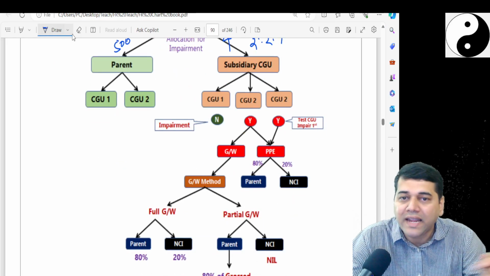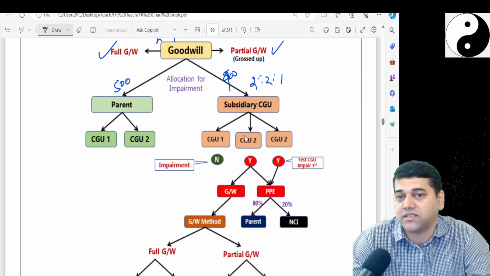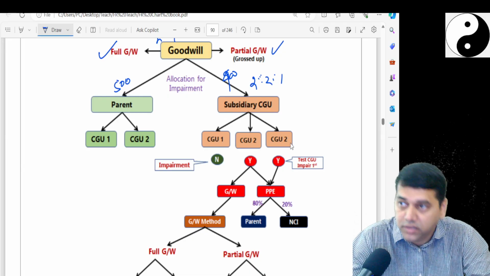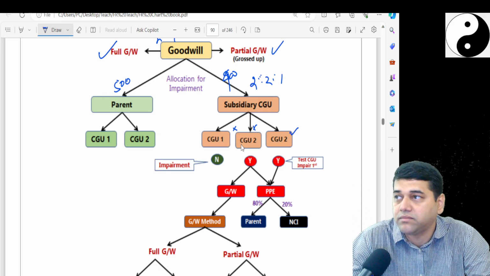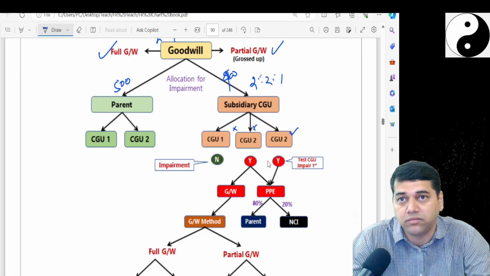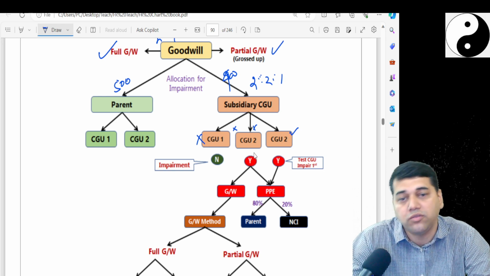Now you go and allocate, but before allocation you will test whether any of the individual CGUs is impaired. Say for example this one is impaired, these two are not impaired. You allocate, and after allocation you test for impairment now. After allocation you find that this is not impaired, only this one is impaired.